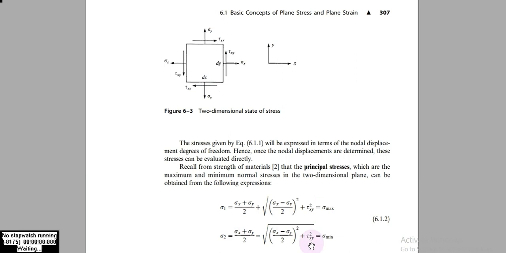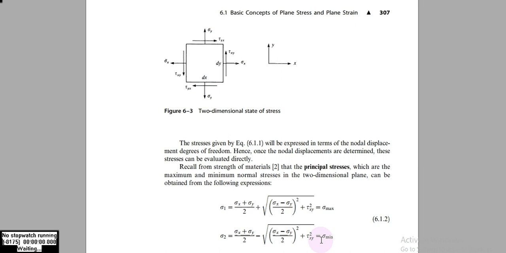The minimum stress, sigma min, will be given by (sigma x plus sigma y) divided by 2 minus the square root of ((sigma x minus sigma y) divided by 2) squared plus tau xy squared.